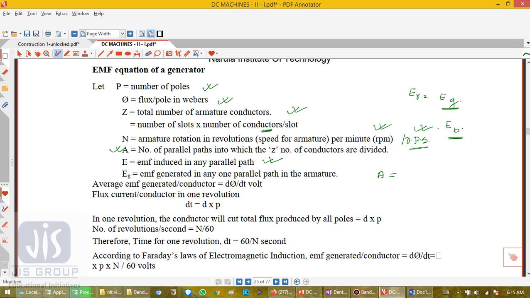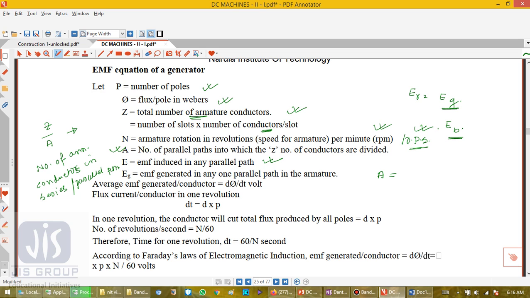So Z by A is the number of armature conductors in series for each parallel path. If we divide the total number of conductors by A, we get the number of armature conductors per parallel path.